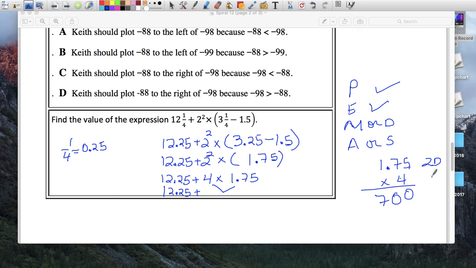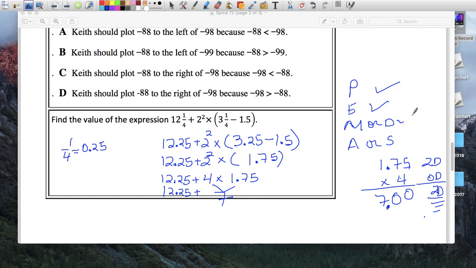This one had 0 decimal places, for a total of 2 decimal places. So my answer needs to have 2 decimal places, right? So we multiplied, and 2 decimal places would be right here. So the answer is just 7. You don't need to write 7.00, same thing. So 4 times 1.75 is the same thing as 7.